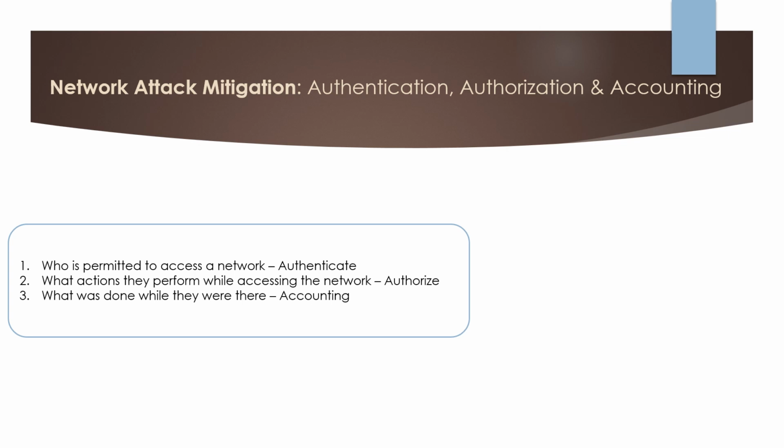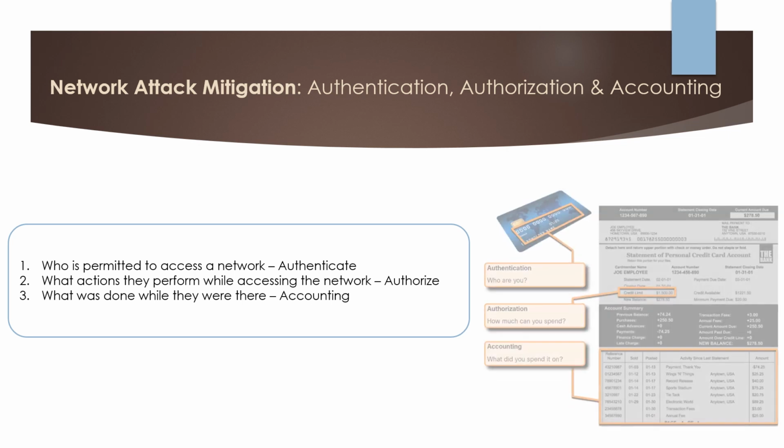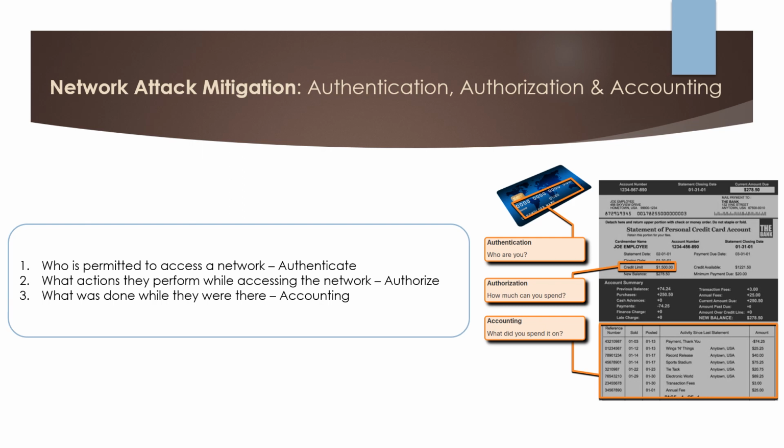This concept of AAA is similar to the use of a credit card. The credit card identifies who can use it, how much the user can spend, and keeps account of what items the user spent money on, as shown here in this figure.